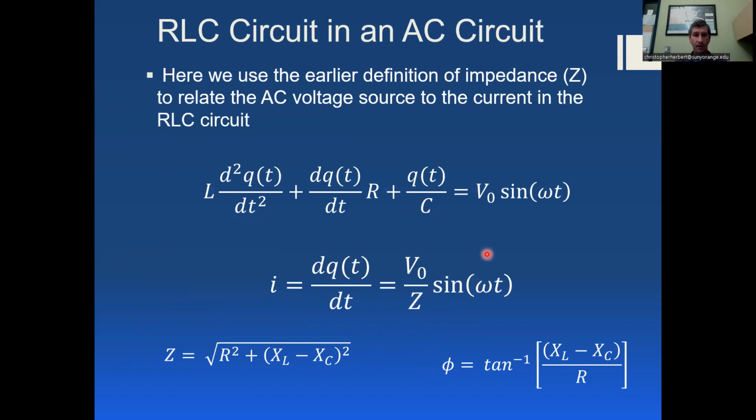But the main point here is that when we solve this and we get our equation for what the charge is doing at any time, we can then use that to find what the current is doing. And again, we get our maximum amplitude along the resistor when we are at resonance, because the capacitor and the inductor are balanced.